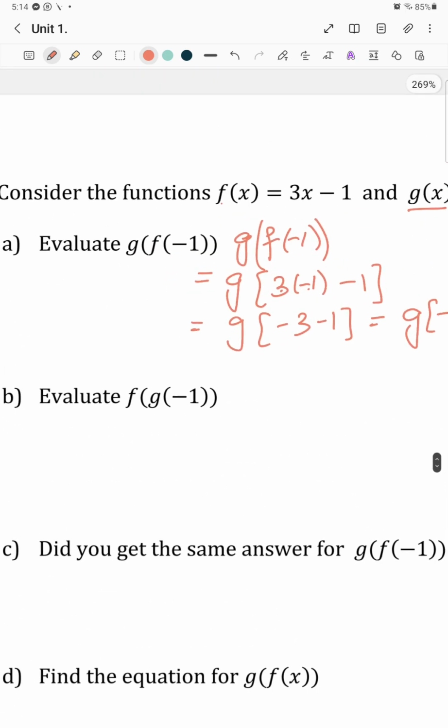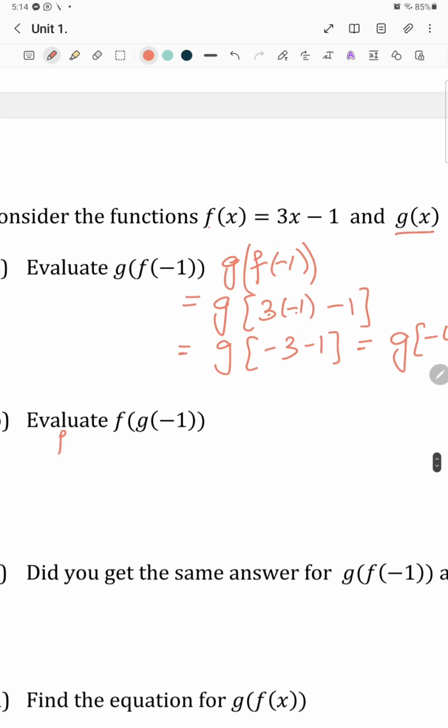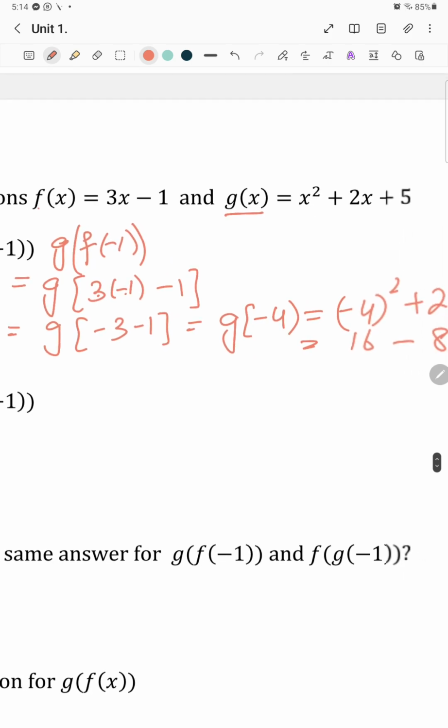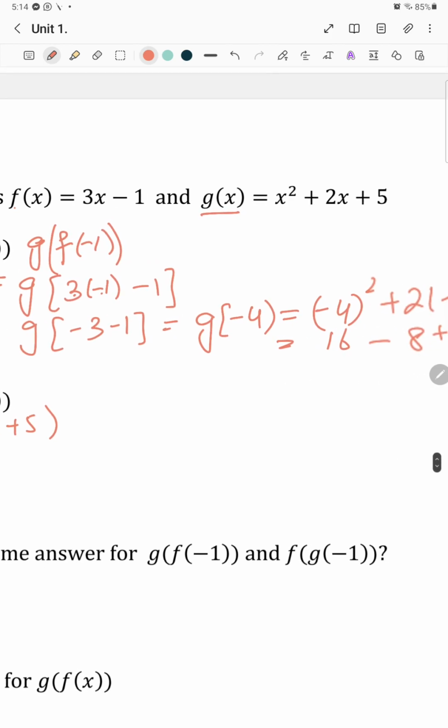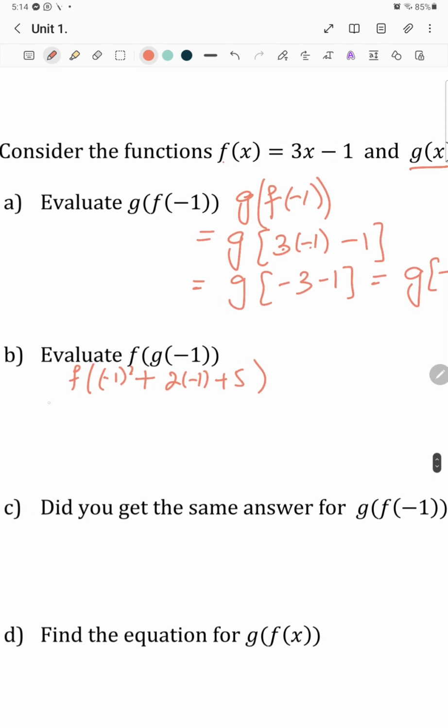Okay, f of g of minus 1, very easy. Just put minus 1 in g, x square plus 2x plus 5. So we will put minus 1 square plus 2 times minus 1 plus 5. Okay, now let's solve it. Minus 1 square is 1 minus 2 plus 5.